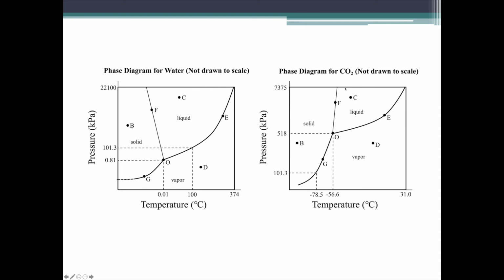Most things like carbon dioxide and almost everything else has a positive slope on their solid liquid line. You don't need to worry about that so much as just being able to identify where solid, liquid, and gas are, where the triple point is, where the critical point is, and how to find normal boiling and melting point.